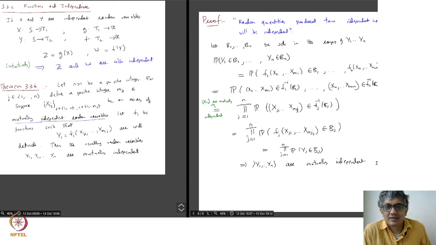The proof is fairly simple, but there's a small exercise: the green part has to be justified a little bit, which I'll leave for you to think about. The proof follows that Y_1 through Y_n are also mutually independent. So the idea is that random quantities produced from independent inputs will always be independent.